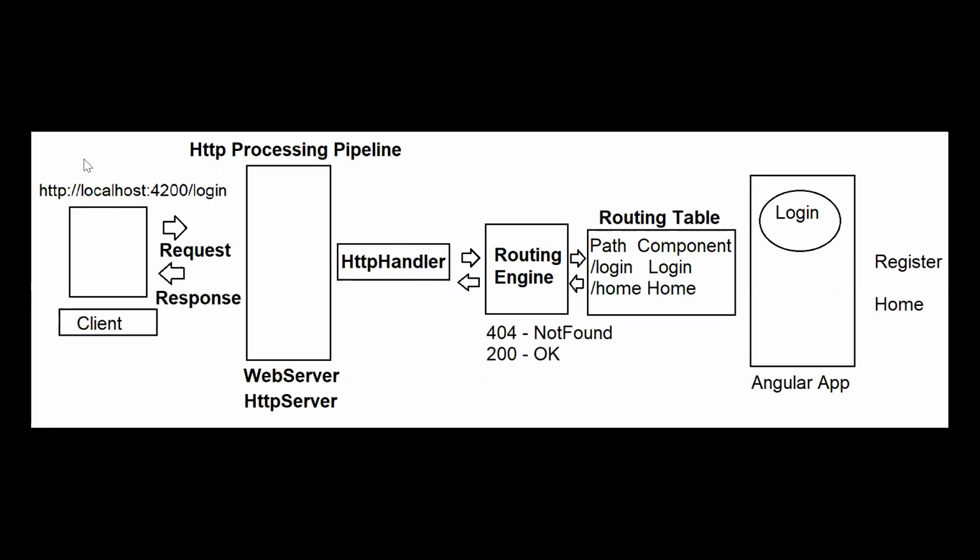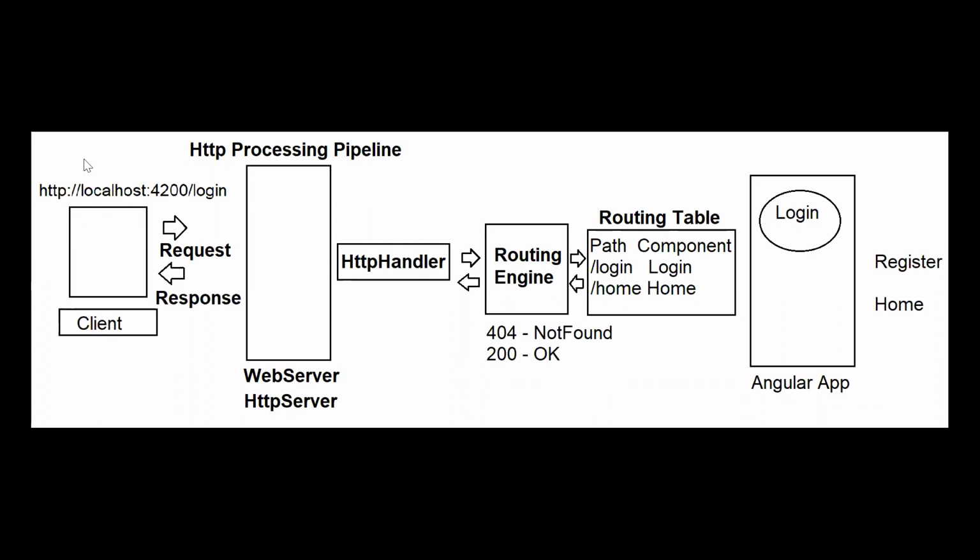Whenever a client makes a request, first the request will come to the web server. Web server will process the request in the processing pipeline by using a handler, the HTTP handler. Actually, up to this point, every technology is the same. Java, .NET, PHP, Python, every web technology is the same up to here. You make a request, it is given to the web server.